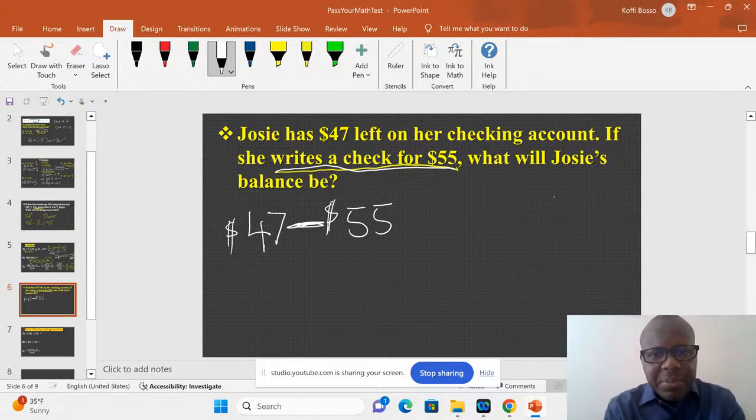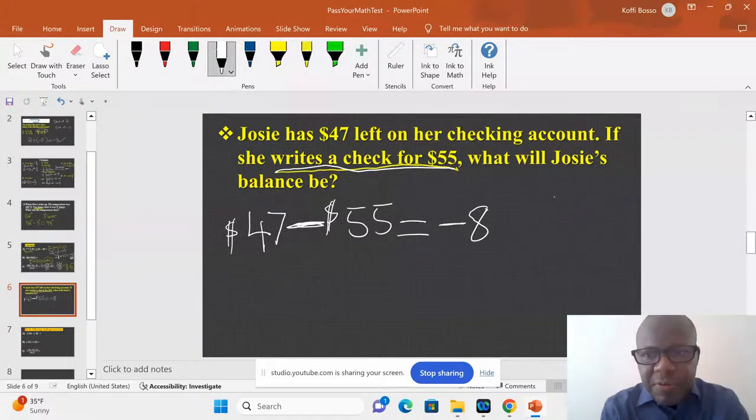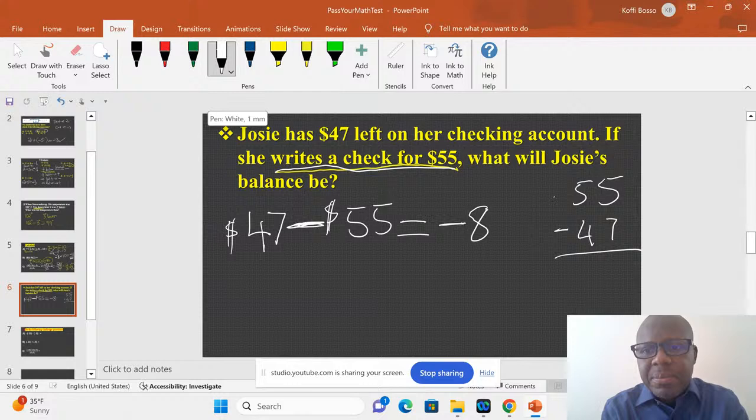So 47 minus 55 will give you negative 8. To do it, you take the 55, the larger number, and you remove 47. So 5 minus 7, I can't, I have to borrow.